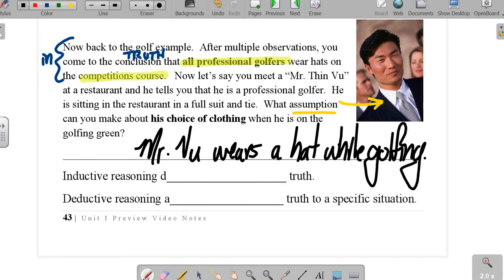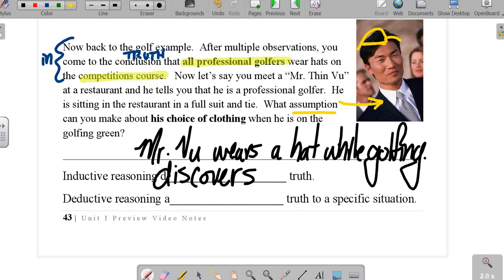So the discovery that all golfers wear hats on the golfing green, that's called inductive reasoning. Inductive reasoning discovers truth. Taking that truth and applying it to Mr. Tin Vu, even though he's not wearing a hat at this moment, you don't see him in a hat.